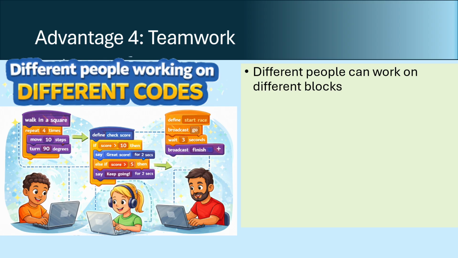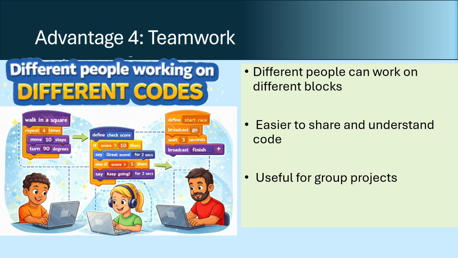Another person could be doing another block of code which would fit into the overall program. It's easier to understand and share the code, so each person can talk about what their code is doing. And usually we have group projects in programming, so it helps with group projects.